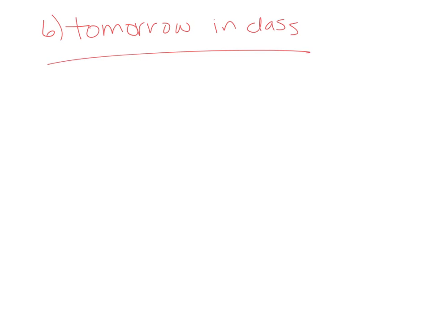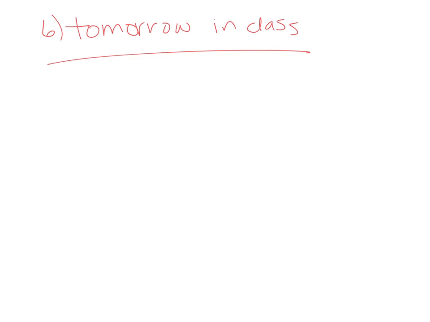All right, so let's look at number 6. We're going to plot the points. Let's go ahead and we'll do this one tomorrow in class, so I can show you how to use your calculator again. And we'll go over that at the beginning of class.